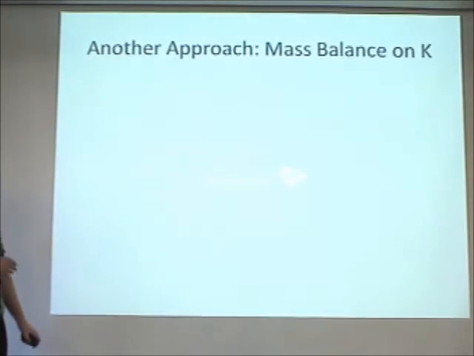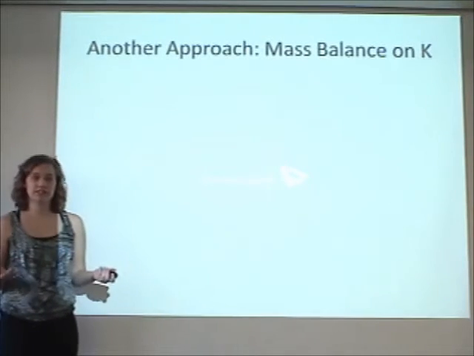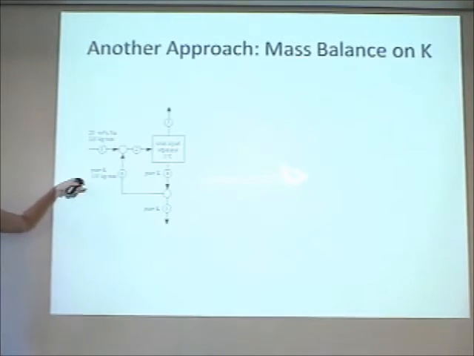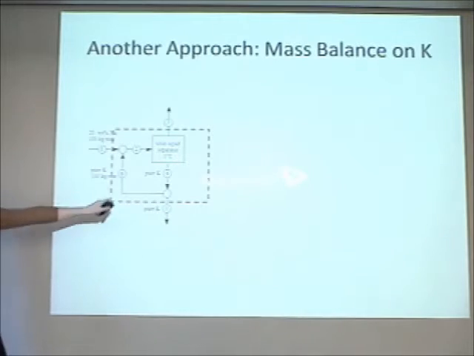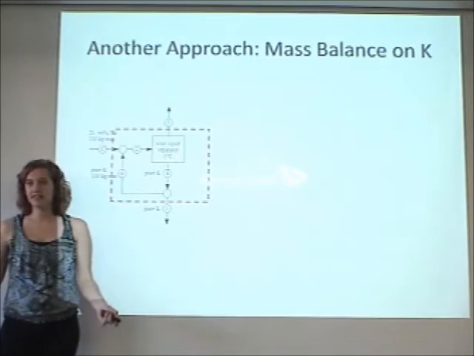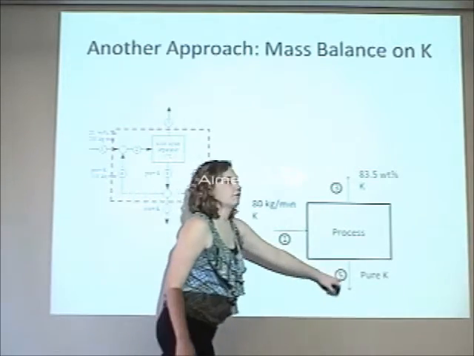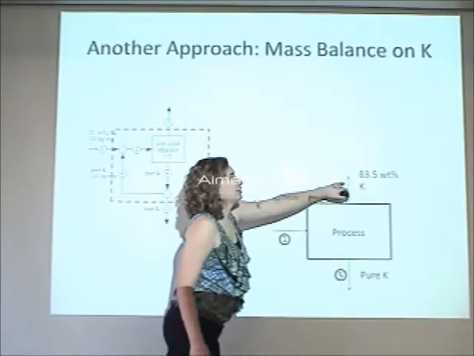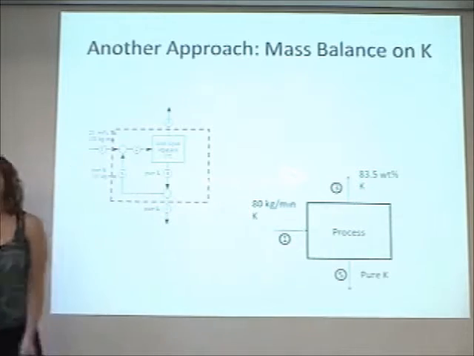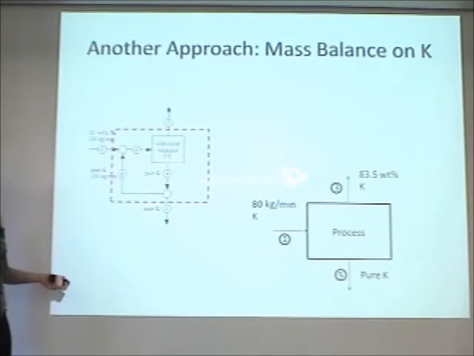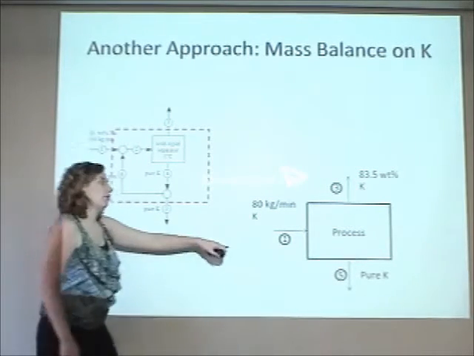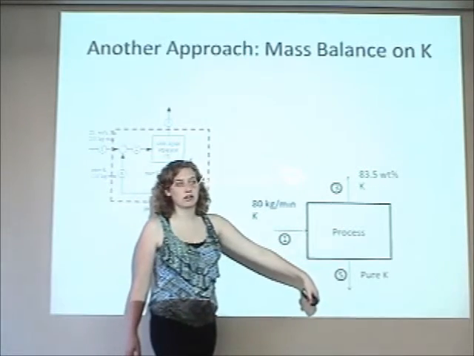Okay. So did anyone approach this in a different way? I'm going to go through real quick. You could also do a mass balance on K around the whole system, right? It's another way to look at it. Basically, you know how much K is coming in. You know that you have pure K coming out and 83.5 weight percent K coming out in stream 3 because we have that composition. What else do I know about any of these streams?